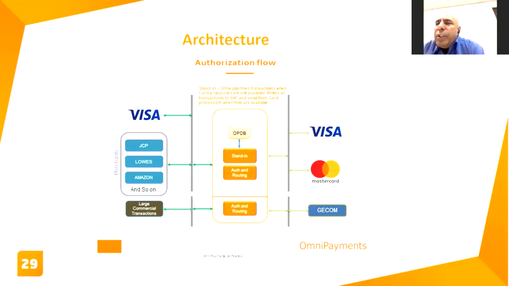The OmniPayment switch looks at the bin, does the bin routing, takes a look at the different types of merchant validations and terminal validations, and if all of it is good, then it passes the message on to the Synchrony legacy applications, and these legacy applications will then authorize the transaction. If the transaction belongs to Visa or MasterCard, then the transaction is passed on to Visa or MasterCard. Next.